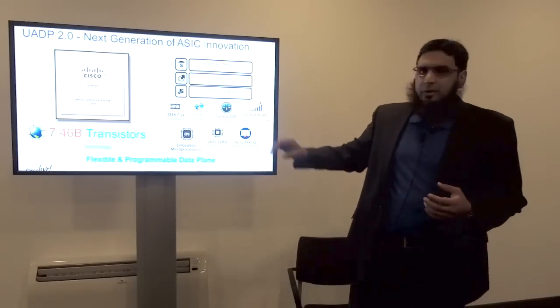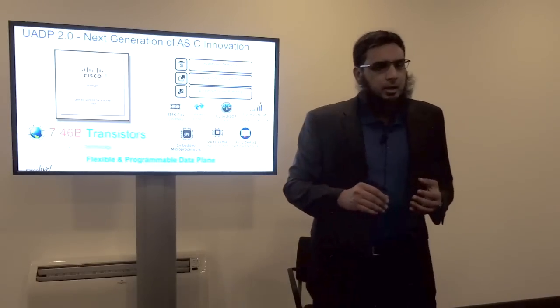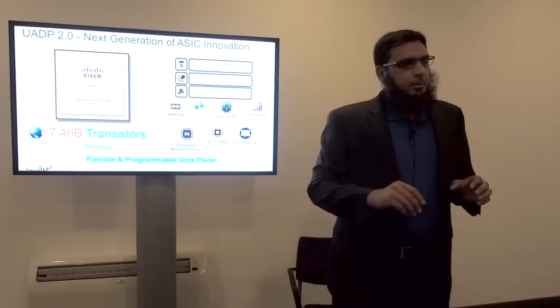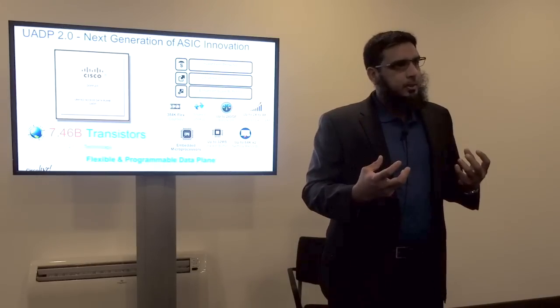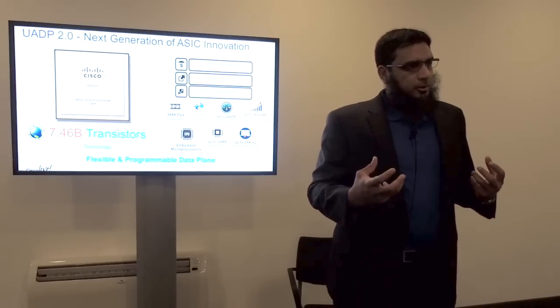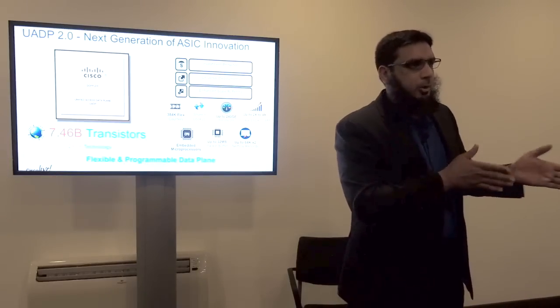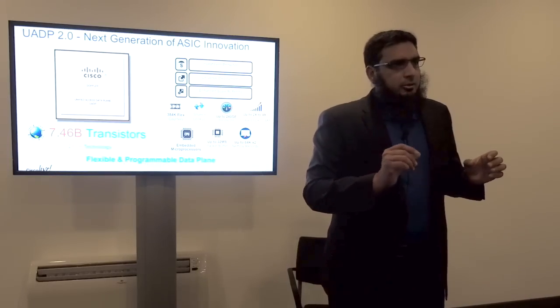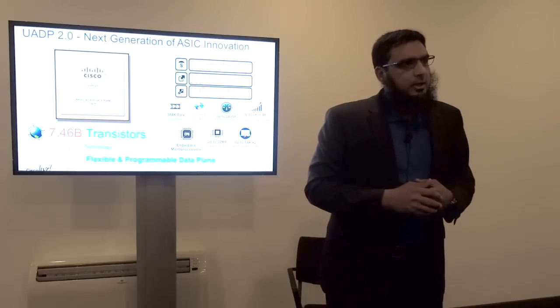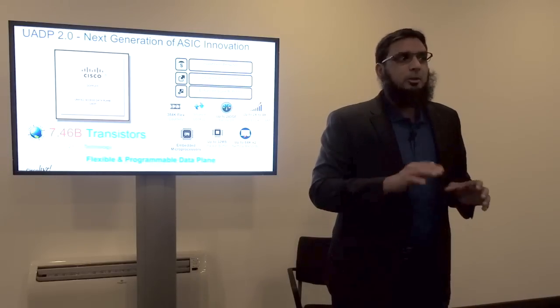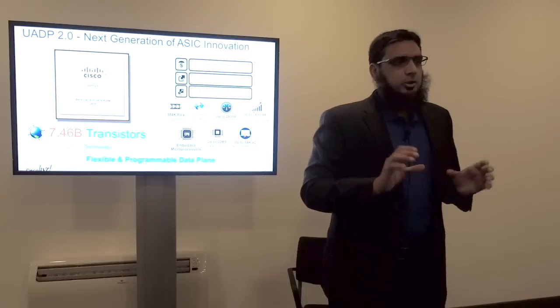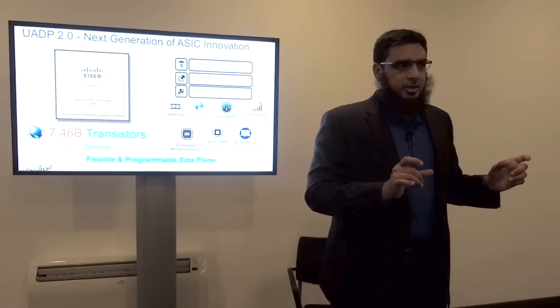So the 32 meg of buffer that we have is actually divided into two pieces because the ASIC has two cores. Each core has 16 meg of buffer, and that 16 meg is kind of spread around the number of ports. So it really depends. So you have a shared buffer per core. It's not per ASIC. Okay. Right? So the shared buffer is per core and not per ASIC.